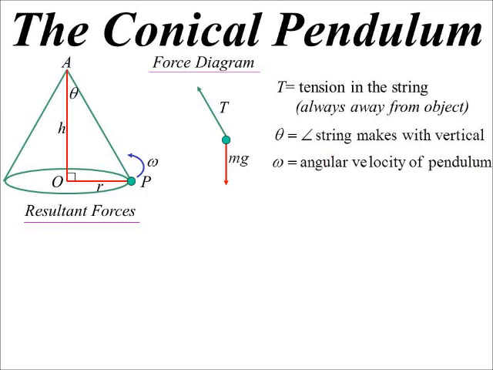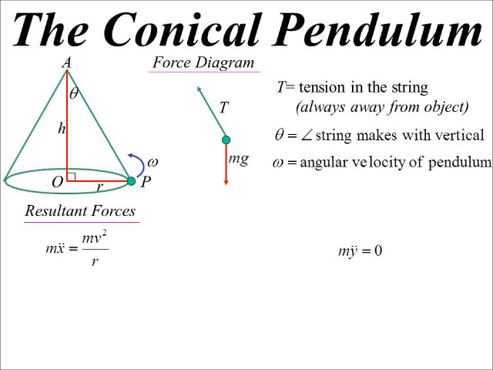So the resultant forces: it's circular motion. If I think horizontally and vertically, horizontally it's purely moving in circular motion, and we know the resultant force of circular motion is the centripetal force. Vertically, until I sped it up, it stayed at one level. It was only when I increased the angular velocity.